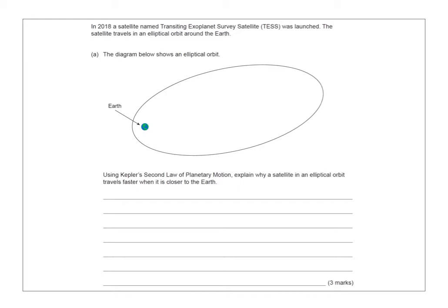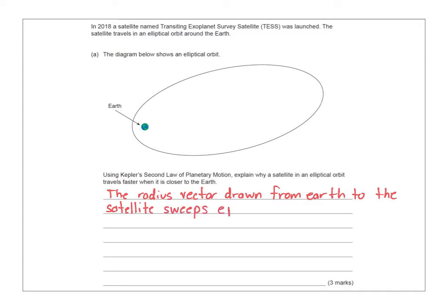So in this case, Kepler's law states that the radius vector drawn from Earth to the satellite sweeps equal areas in equal time.